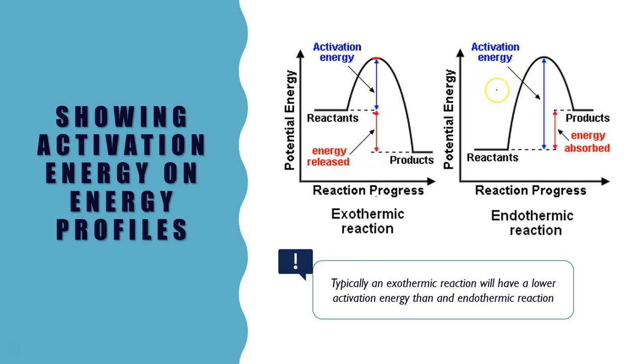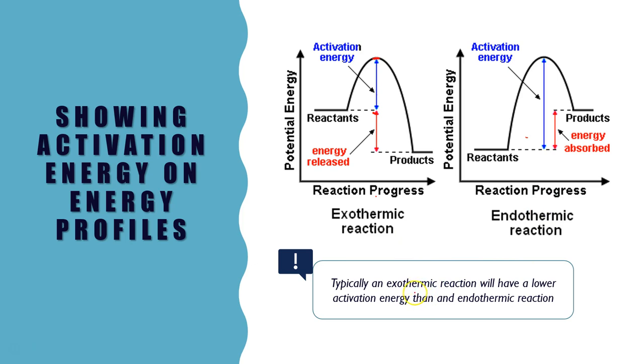In an endothermic reaction, the reactants are lower than the products. It's a much bigger hill to get up, so we actually generally see greater activation energy being required for an endothermic reaction. Okay, so typically an exothermic reaction will have a lower activation energy than an endothermic reaction.